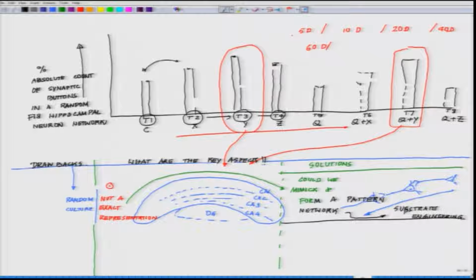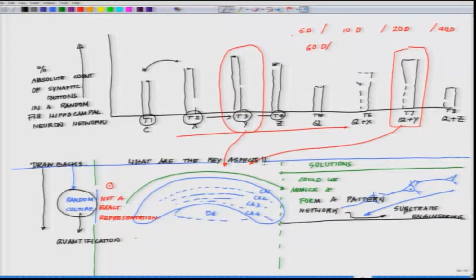Second, what is the second drawback if you look at it? It's a random culture first. Second inherent drawback with the system is, in a random culture, quantification becomes very difficult.